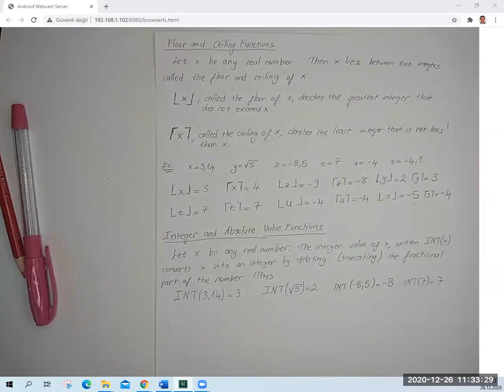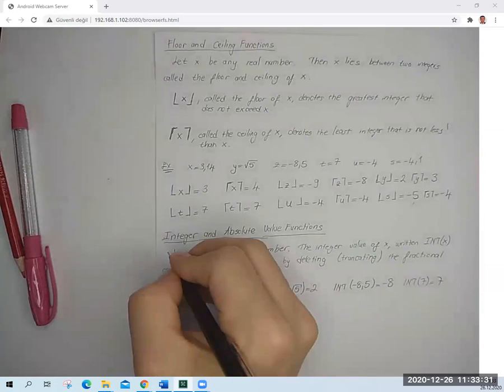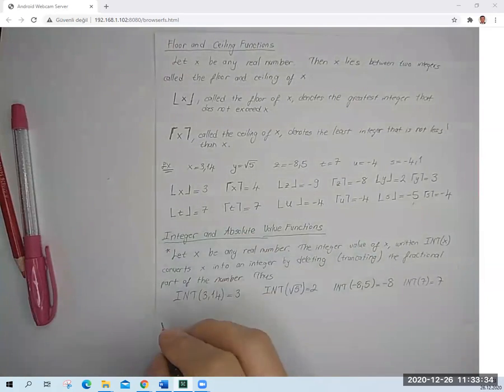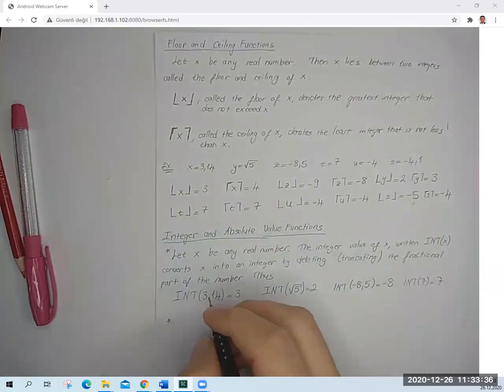And absolute value, this is the second in that title.